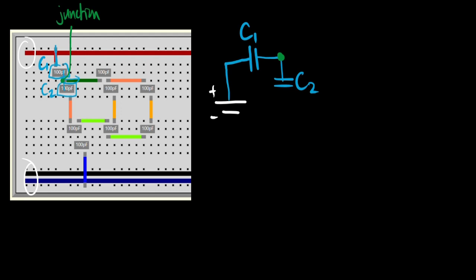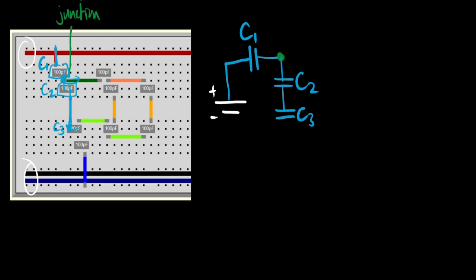Right now, let's look at the capacitors that are connected in series with C1. So this is C2, and if you look at this particular circuit, this capacitor is then connected to another one on the other side, and we'll label this as C3.